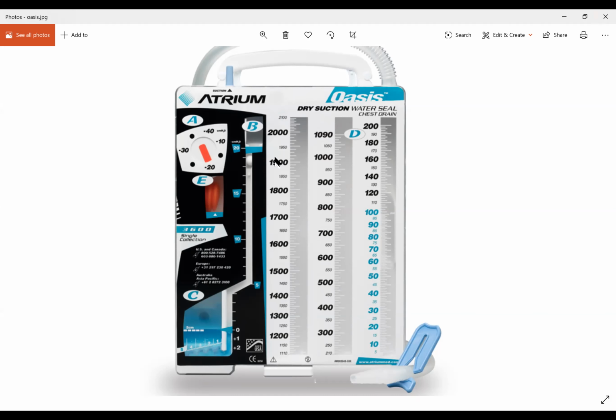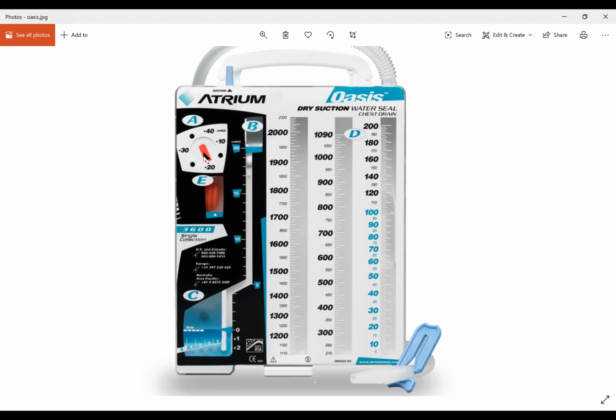This setup is dry because the suction control chamber is dry. There's no water here. Whether it's wet or dry is determined by the suction control chamber, the third bottle. Again, this is bottle number 1. It has 3 columns. This is bottle number 2, your water seal. And this is your suction control chamber. It's dry because there's no water in here.